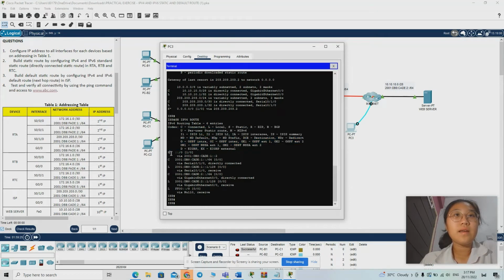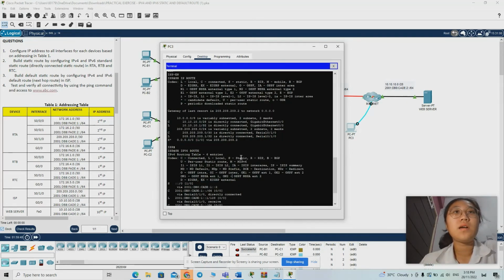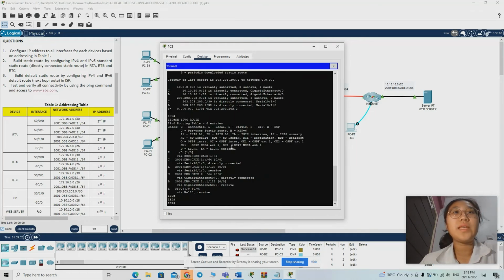And here, the default gateway for IPv6, the outgoing interface is 2001:db8:cade:1::2. This is the gateway of last resort for IPv6.